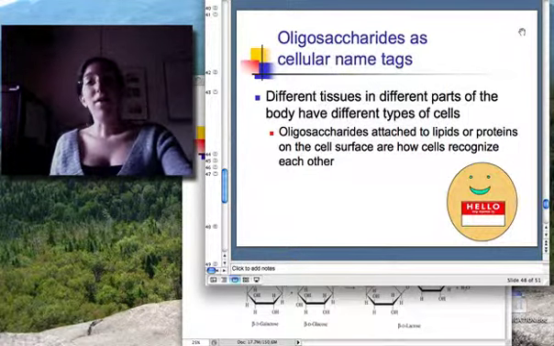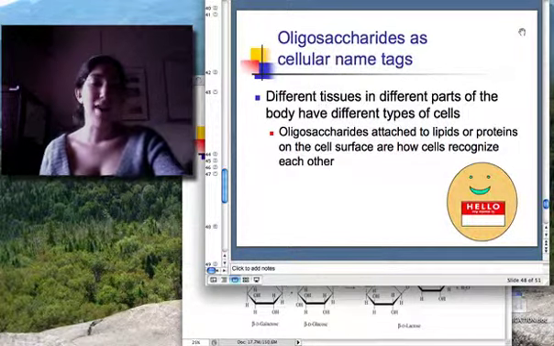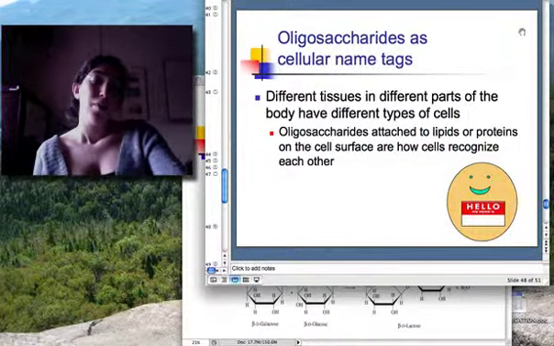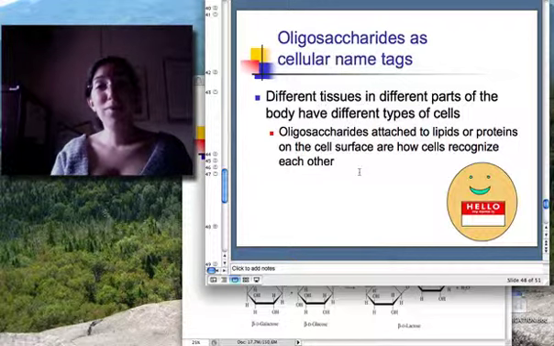Then we sort of skipped over the oligosaccharides because oligosaccharides aren't really components of our food. We break down polysaccharides into oligosaccharides, briefly, as we're cutting them into ultimately monosaccharides. But oligosaccharides are actually used in our body as what I like to refer to as cellular name tags, okay?